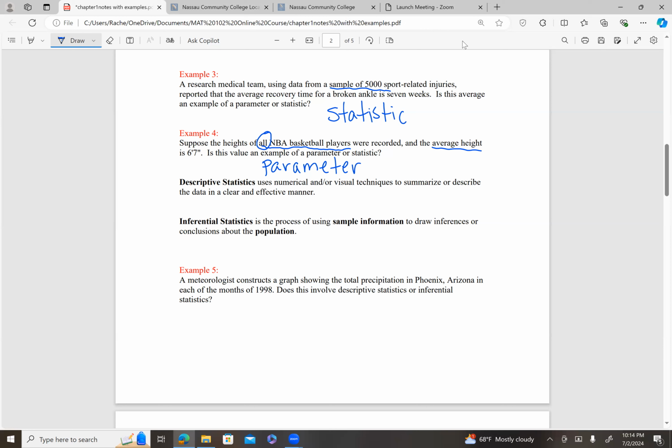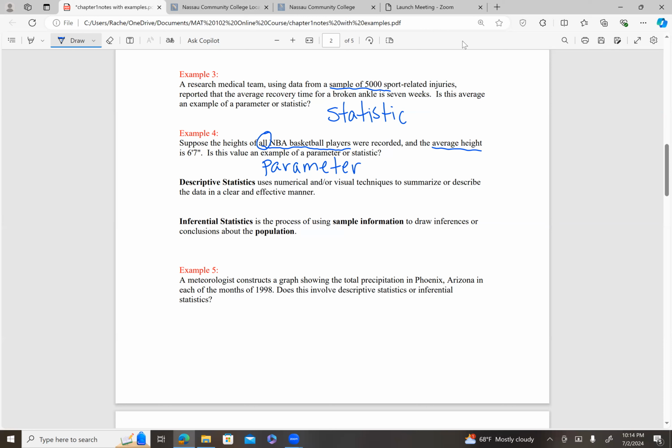Now, in that introductory video that you guys watched before my first lesson, you were told about descriptive statistics and inferential statistics. So in that video, you were given examples of descriptive versus inferential statistics.